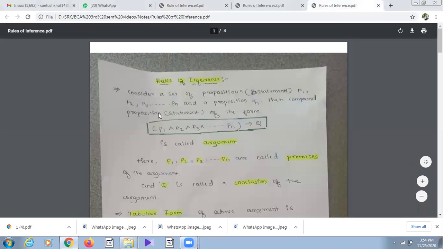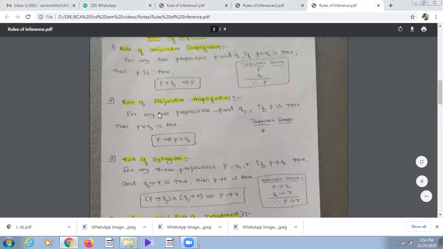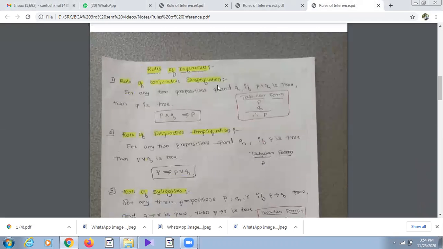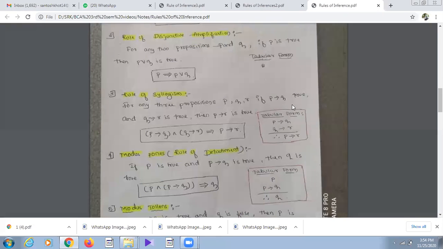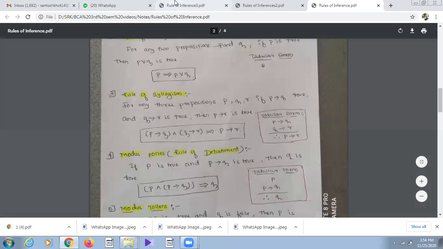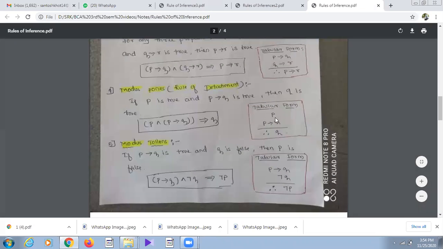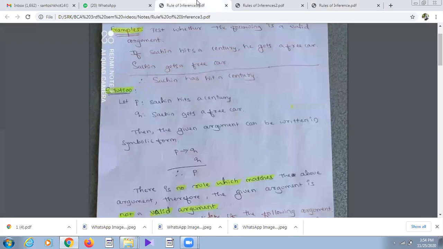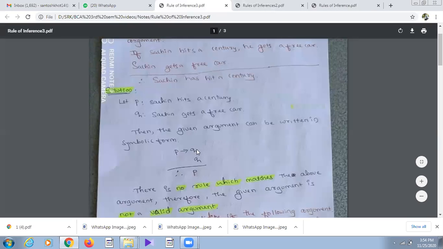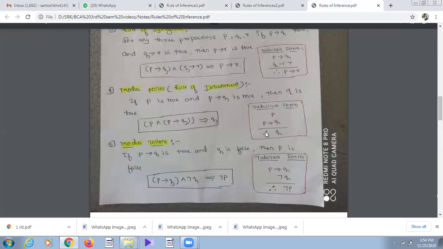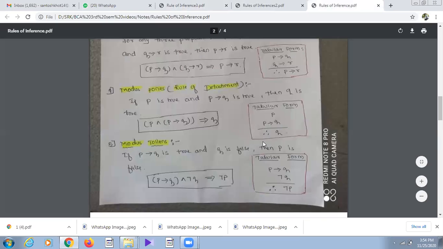Say these are the rules. That is the rule of conjunctive simplification, which is not possible here. Syllogism is also not possible: P conditional Q, Q conditional R, therefore P conditional R. Here we have P conditional Q, Q is there, and again P is there, so that is not possible.